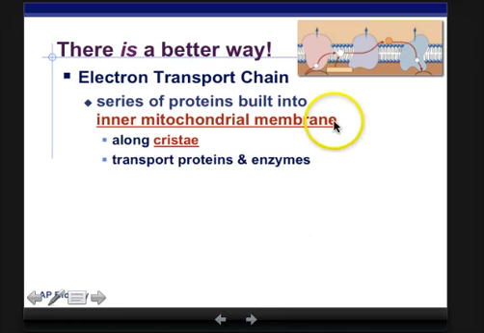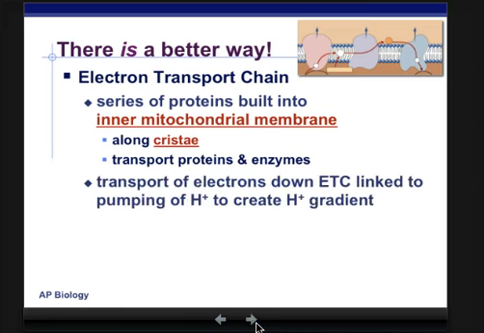And we're using a bunch of transport proteins and enzymes that are embedded in the membrane, so that we have the transport of electrons down the electron transport chain linked to the pumping of hydrogen ions to create a hydrogen ion gradient.